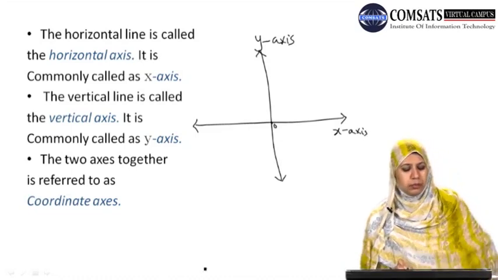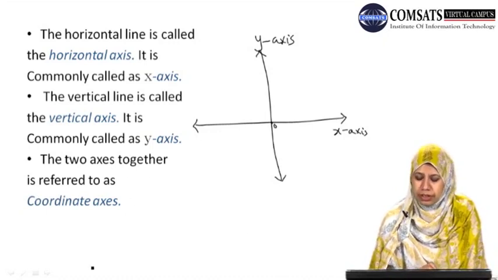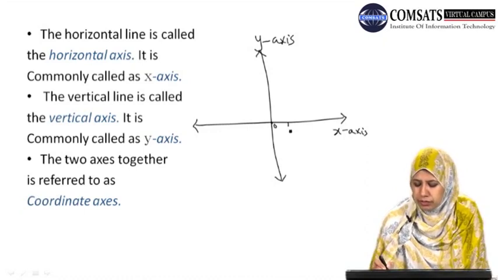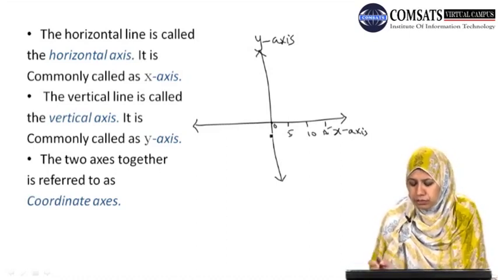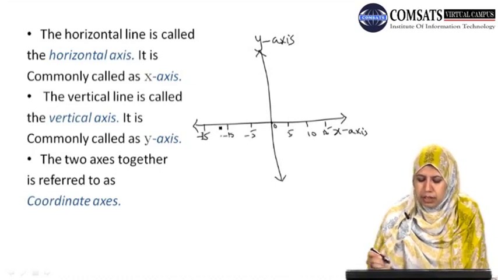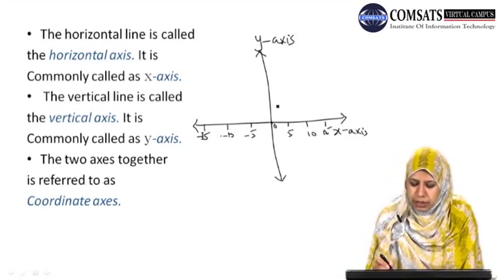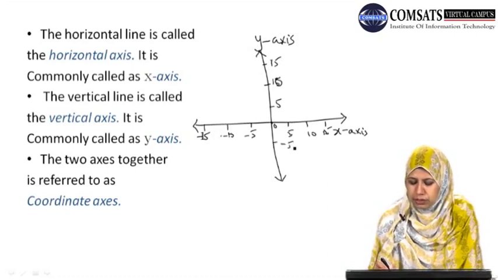Okay, now what more information do we have? The two axes together are referred to as coordinate axes. So for these two axes, let's say 5, 10, 15, since it is a real number line, we have positive on the right side, negative on the left side, and the y-axis is also a real number line, so we have positive values, this is 10, this is 15, upwards, and negative values downwards.